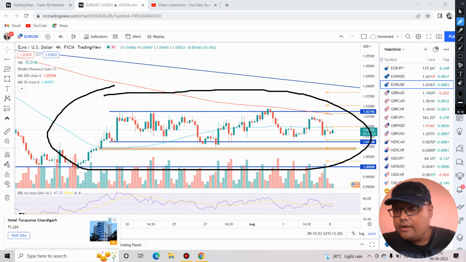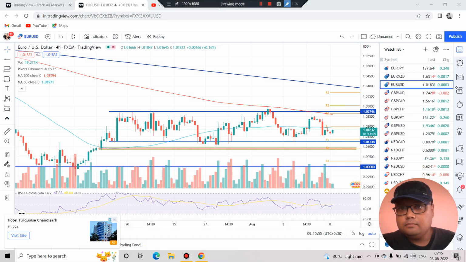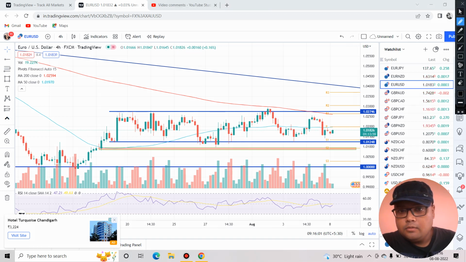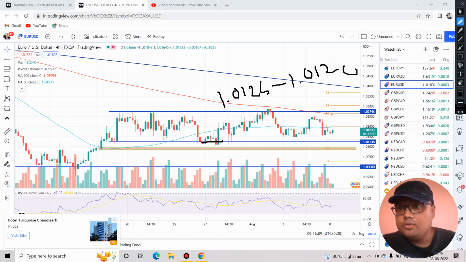The support level of 1.0124 or 1.0120 is the most important support right now.